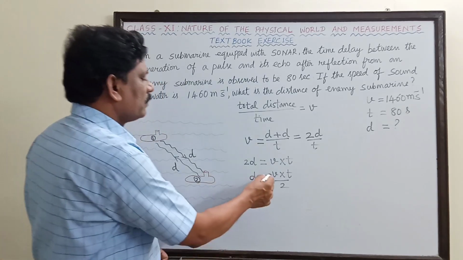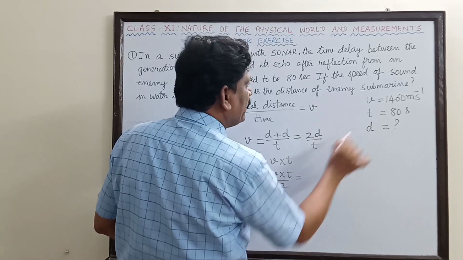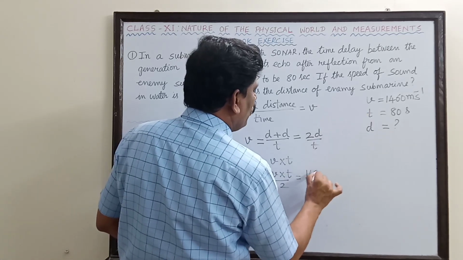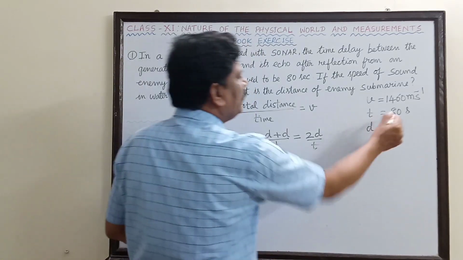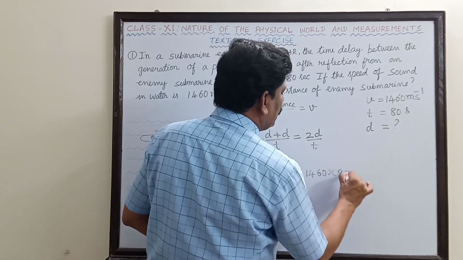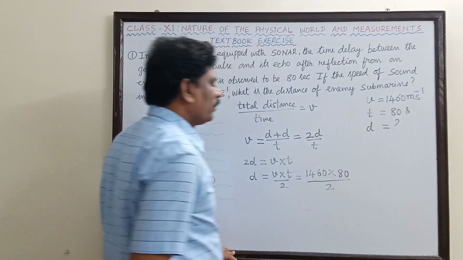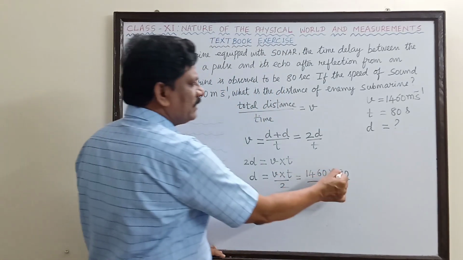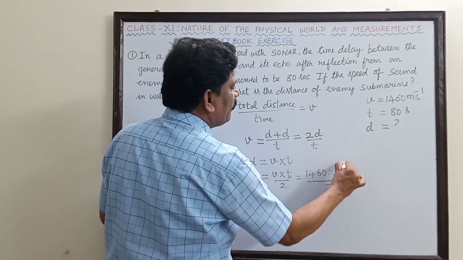We will substitute the value. So v into t is 1460 into 80, whole divided by 2. We can divide this 80 by 2 and write this as 40.